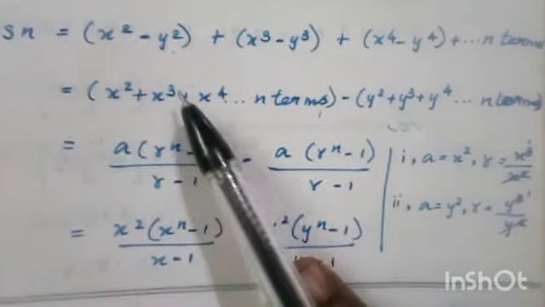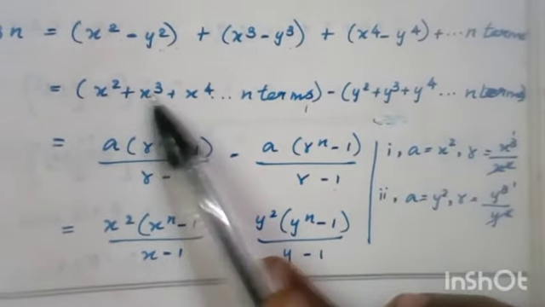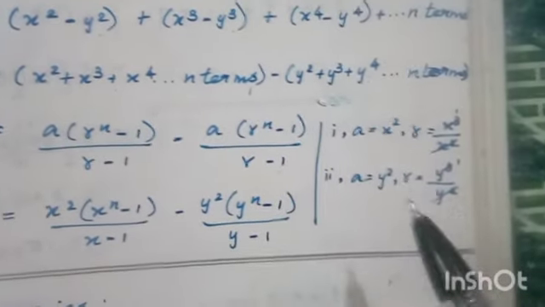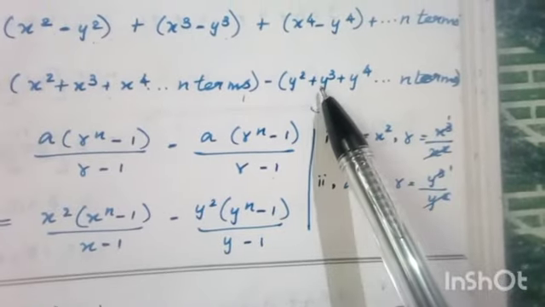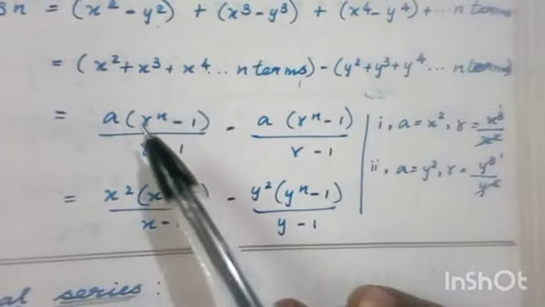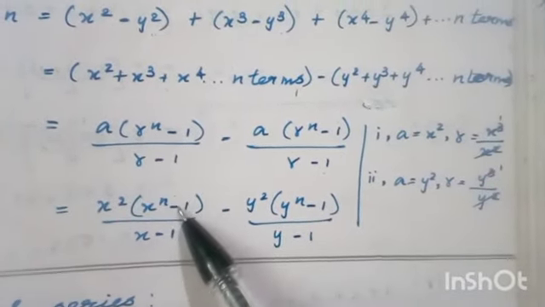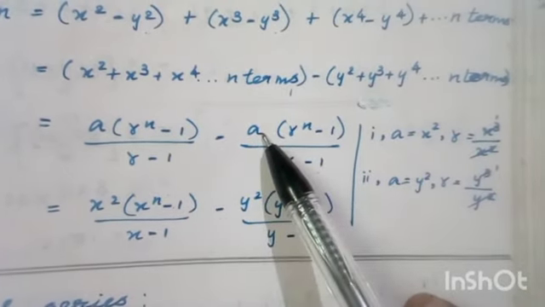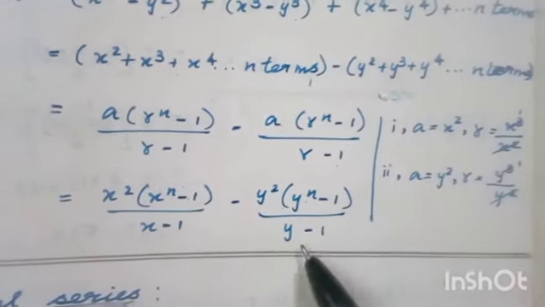For the first set, a equals x square and r equals x cube by x square, that is x. In the same way for the second set, a equals y square and the common ratio is y cube by y square, that is y. Substituting, we get x square into x power n minus 1 by x minus 1, minus y square into y power n minus 1 by y minus 1.